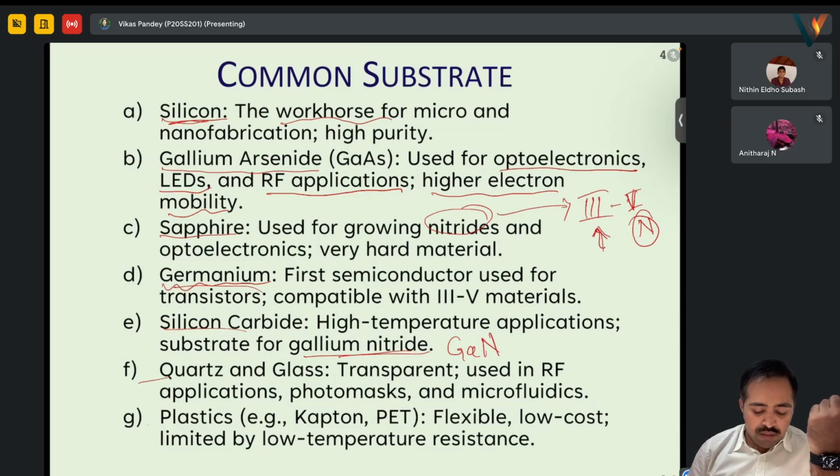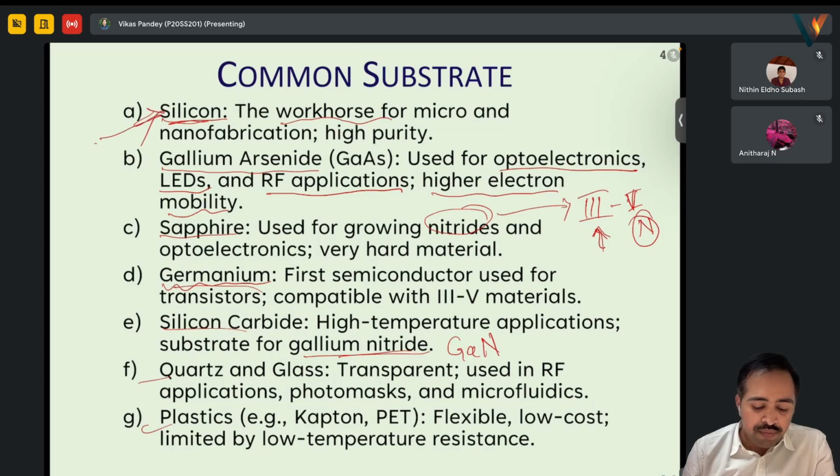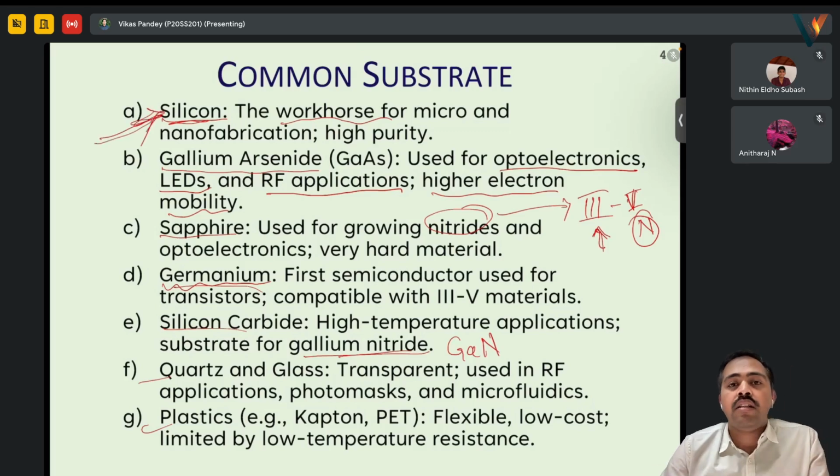So these are some substrates that we encounter, and whatever we will learn, you will mostly see that most of the common things are being made over silicon. Silicon is the workhorse for micro and nano fabrication.